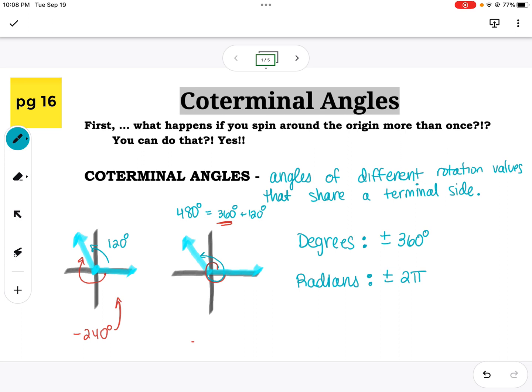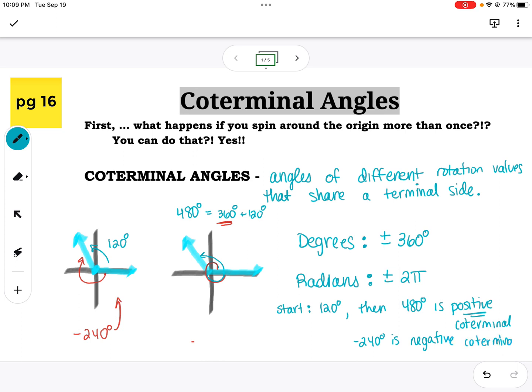But just to give you an idea of some other terms that we're going to talk about, if my starting angle was 120 degrees, then 480 degrees is a positive coterminal, and negative 240 degrees is a negative coterminal angle.